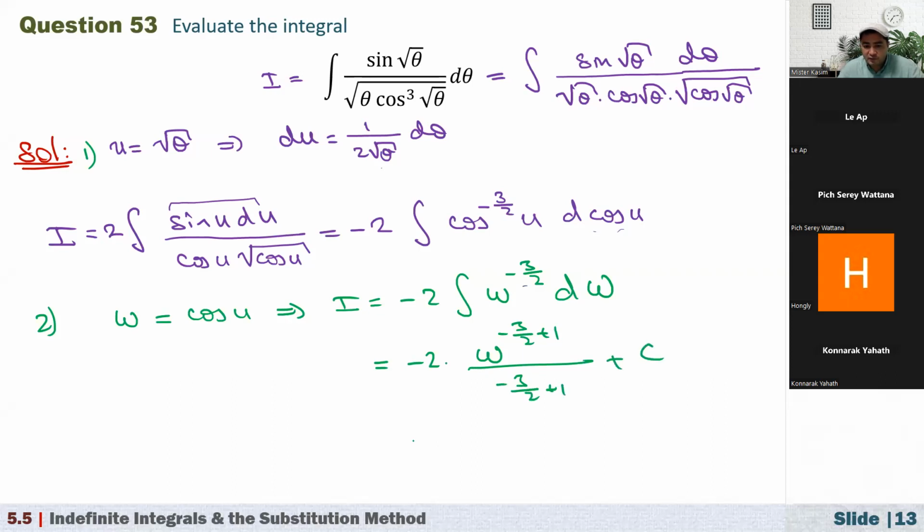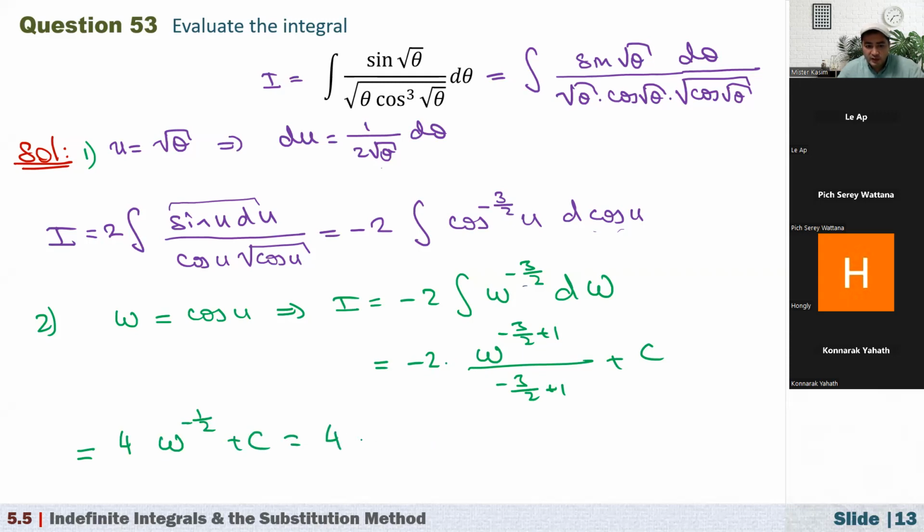If you simplify this further, minus 3 plus 2 is minus 1, right? So that is minus times minus, plus, and the 2 goes up. So here we have 4 times w to the power of minus 1 over 2, plus c.